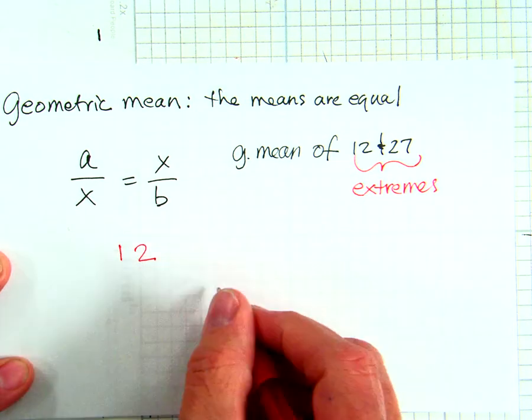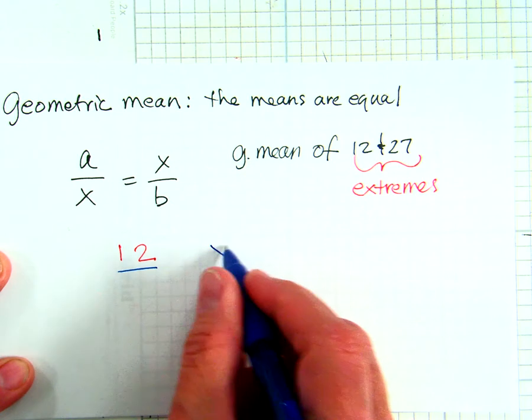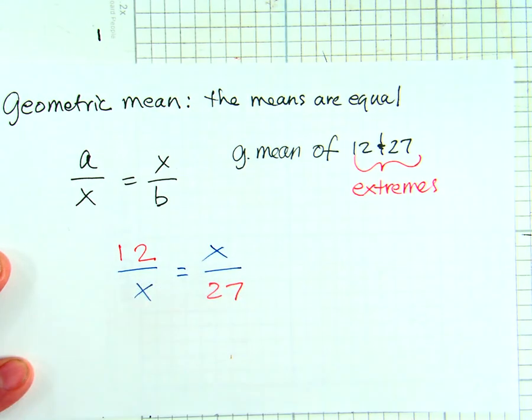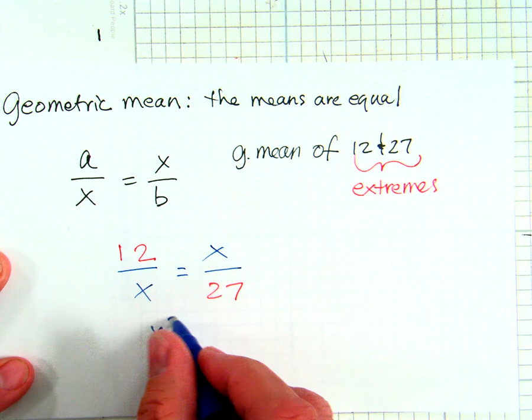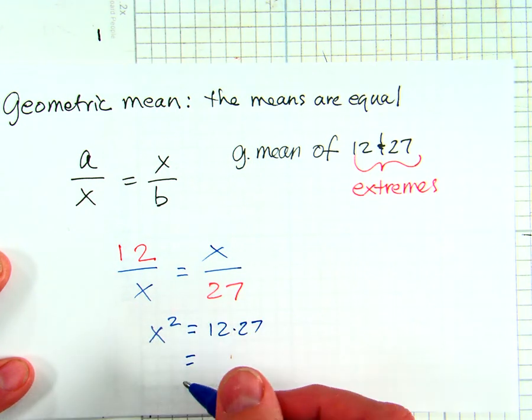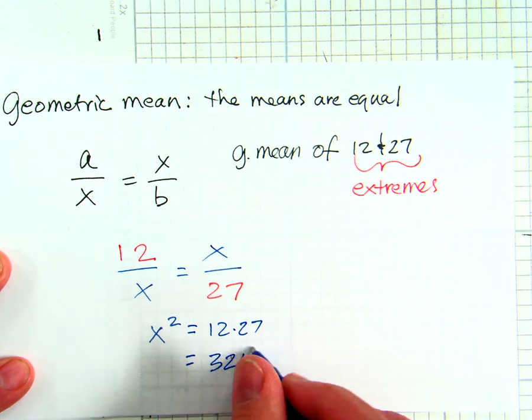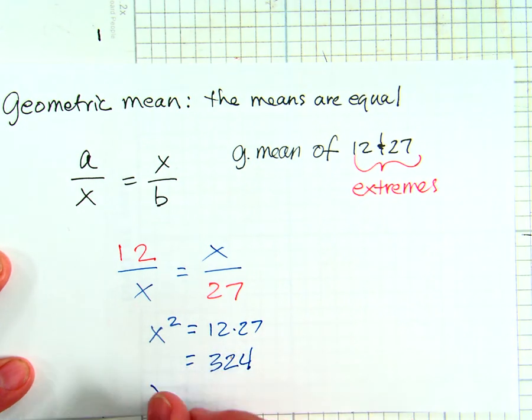So it'll be 12, 27. And then the means are the same thing. As we solve this, we see that x squared equals 12 times 27, which is 324. The square root of both gives us that x equals 18.